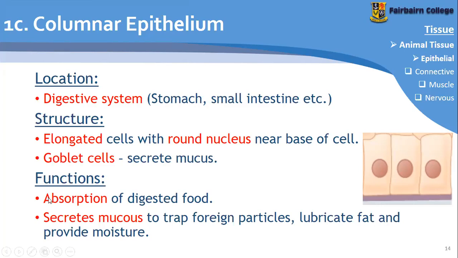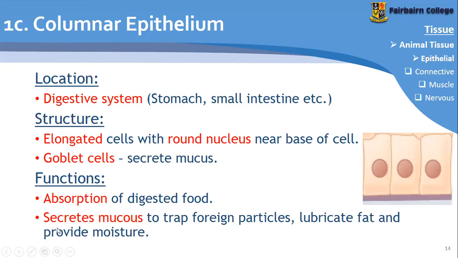But then quickly just moving on. So two of the main functions of columnar epithelium is absorption. Because this is in the digestive system, we have to absorb the nutrients from the digestive system. So that absorption is aided by the columnar epithelium. So one of the main functions: absorption of digested food or of nutrients.